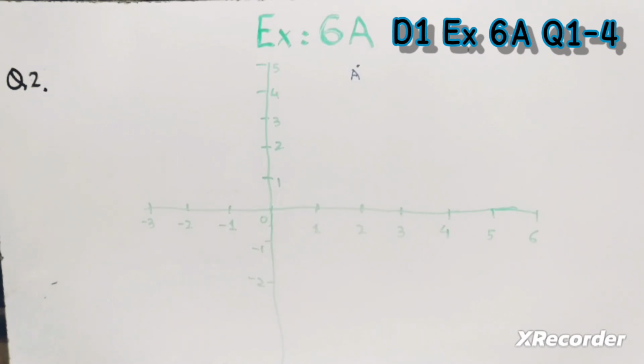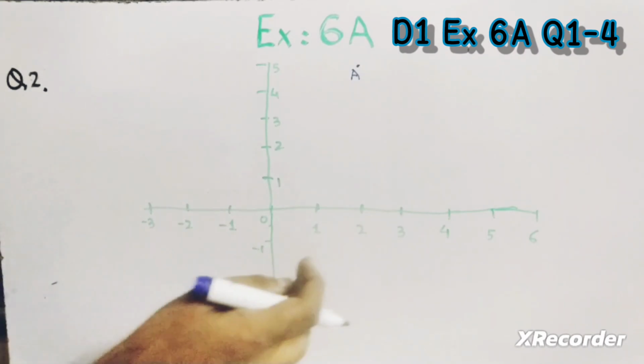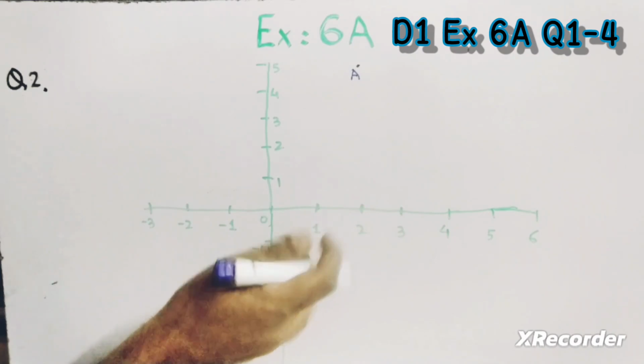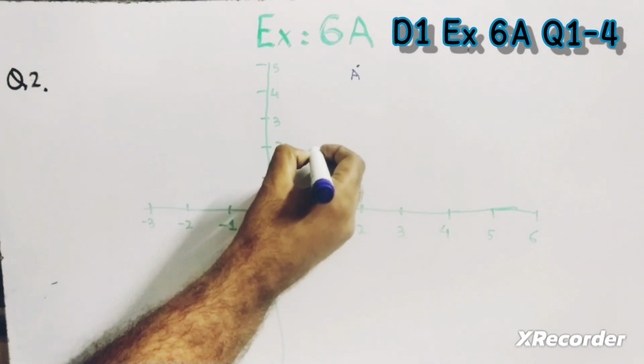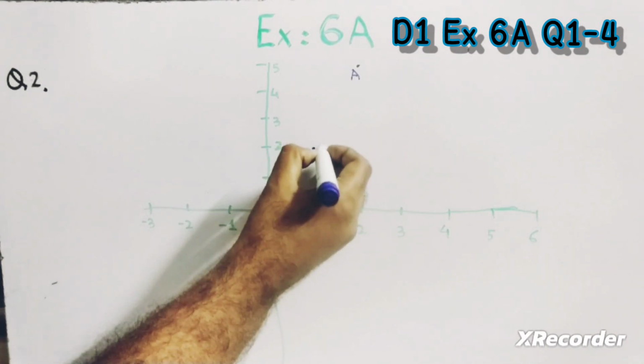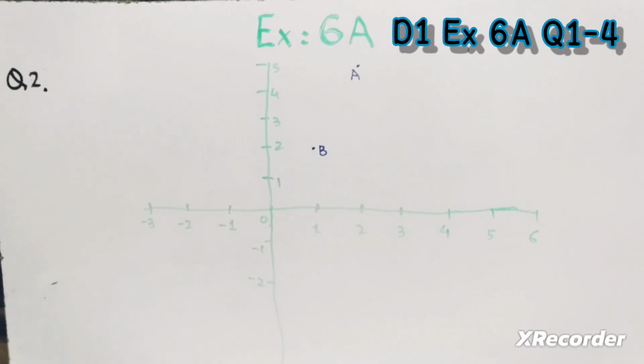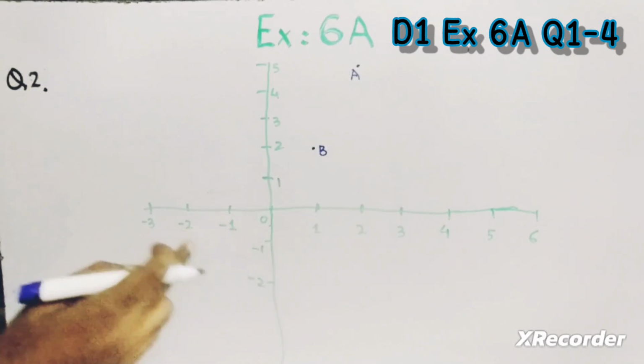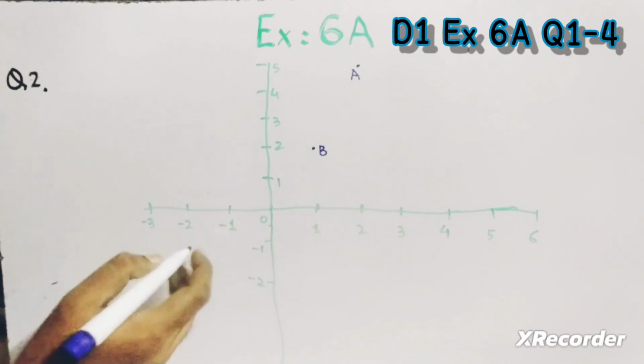The second point is B, 1 on the x-axis, 2 on the y-axis. So 1, comma 2. Point C is -2, comma -1. -2 on the x-axis and -1 on the y-axis.